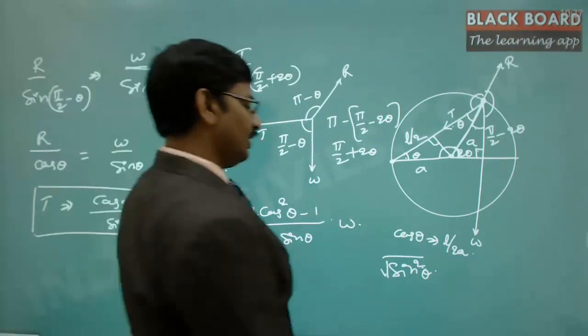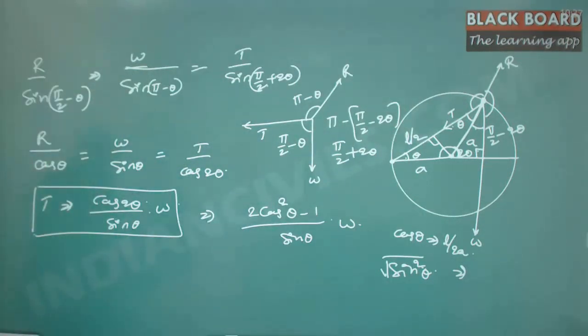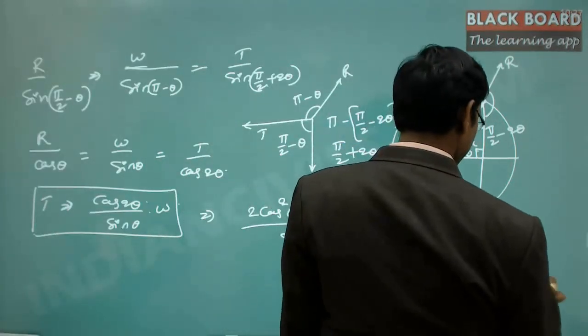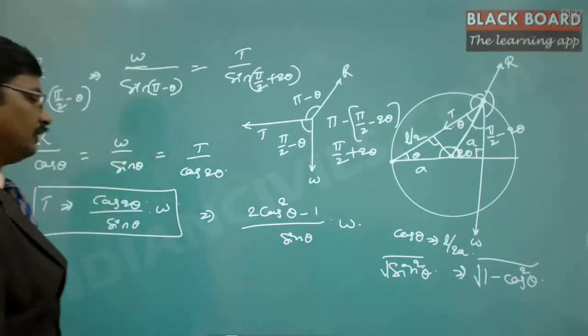Sin square theta can be written as 1 minus cos square theta, under root. So you can replace the cos theta value in this.